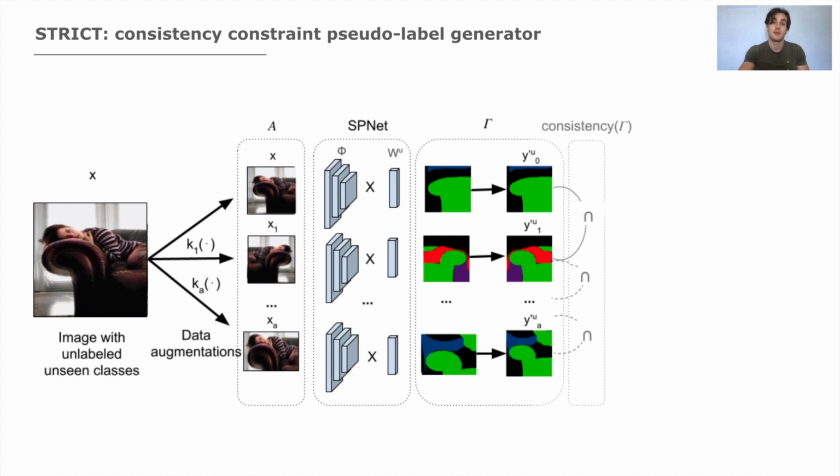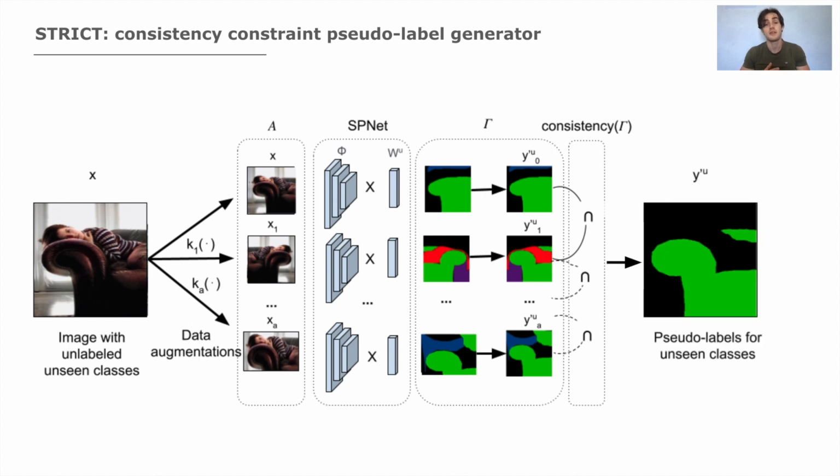The final pseudo-label mask is obtained by applying the intersection operation on those k masks. In this way, we are able to filter out the pseudo-labels that are inconsistent across multiple augmented masks, holding more accurate pseudo-labels.